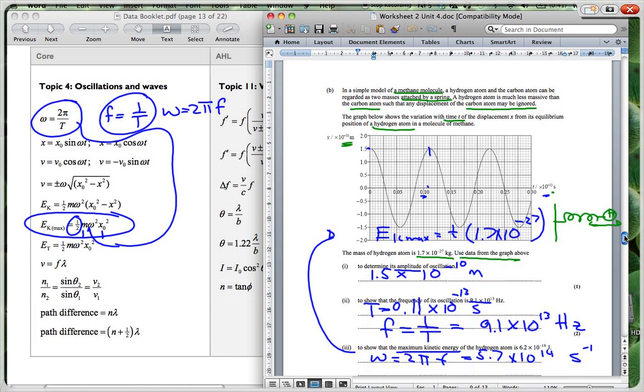We're going to have that squared. I'm just going to write it, and I'm sure you can do the calculation here, times our x0 squared. And from that, you should be getting something like 6.2 times 10 to the negative 18 joules.